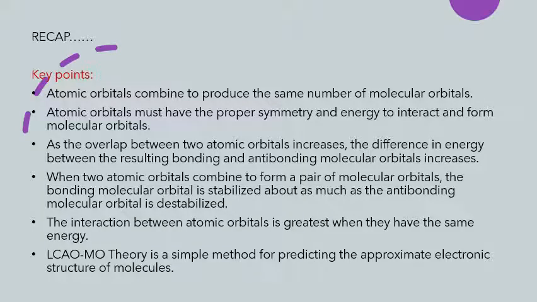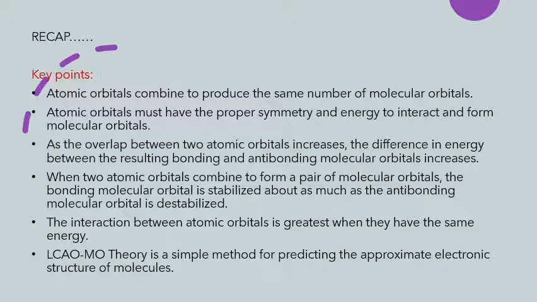So let us see the key points from the earlier session. In molecular orbital theory, we have seen that atomic orbitals combine to produce the same number of molecular orbitals. The atomic orbitals that are going to combine must have the proper symmetry and energy to interact and form the molecular orbitals.